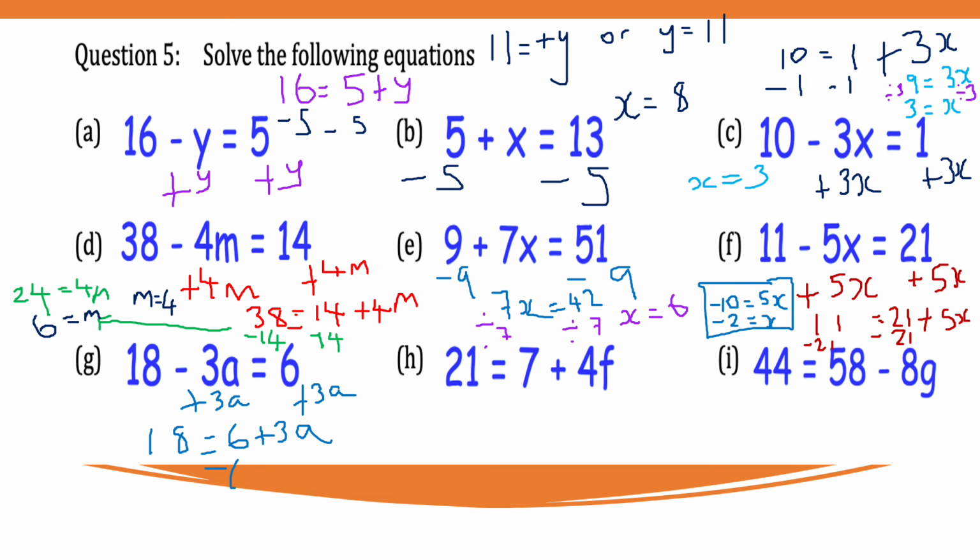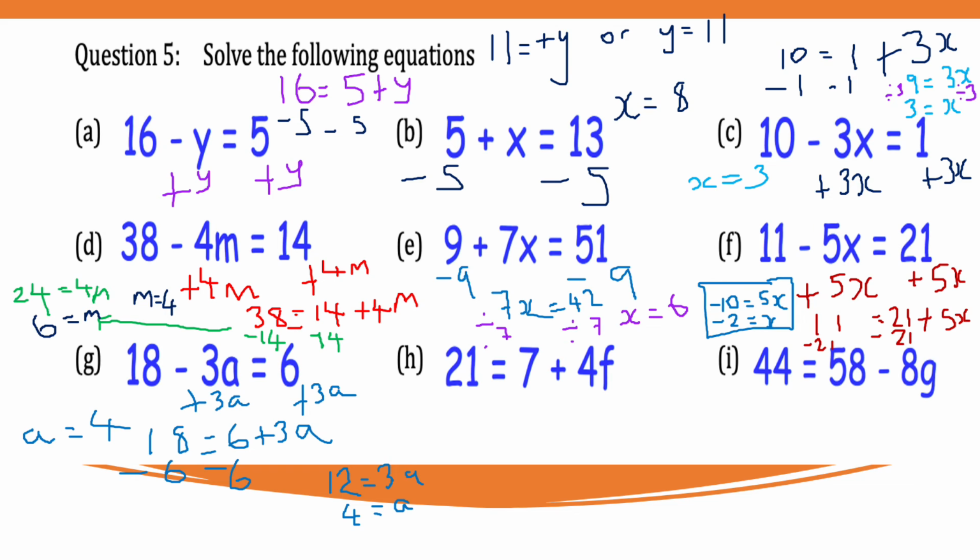Subtracting 6 on both sides, 18 take away 6 is 12. So 12 is equal to 3a. Dividing both sides by 3, we get that 4 is equal to a, or a is equal to 4. So the answer for G is that a is equal to 4.